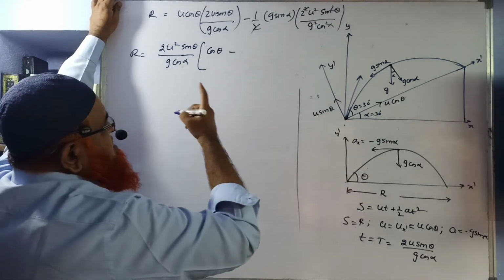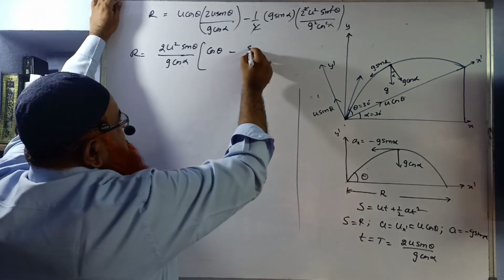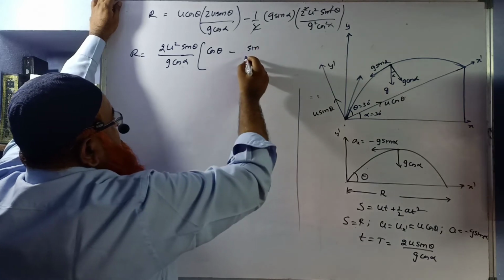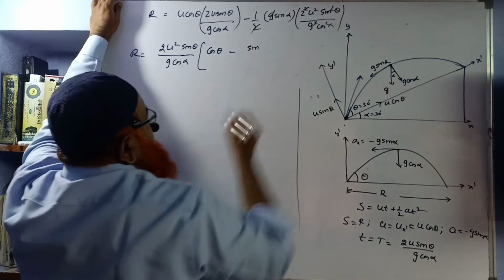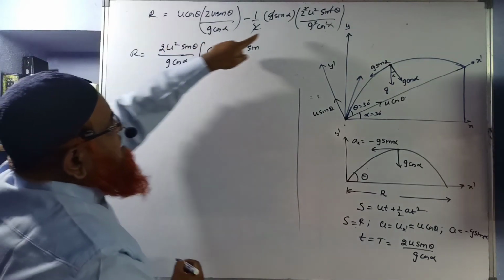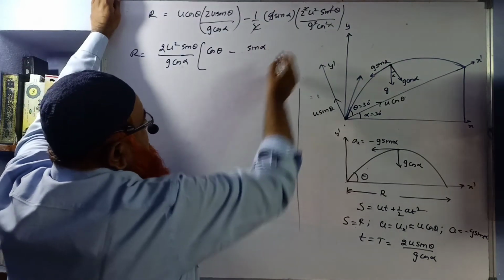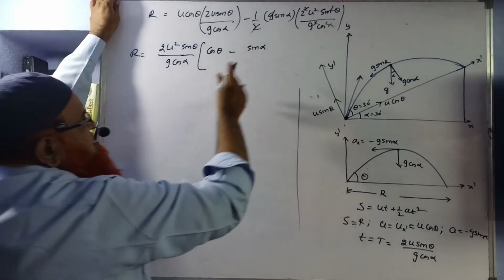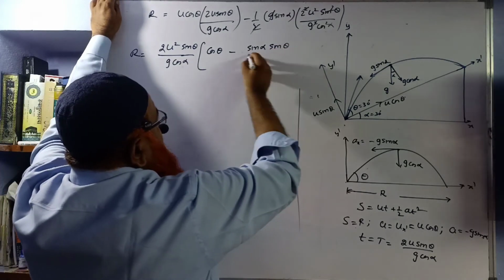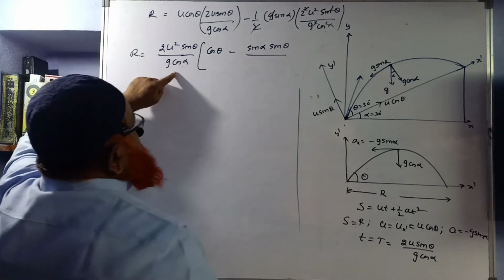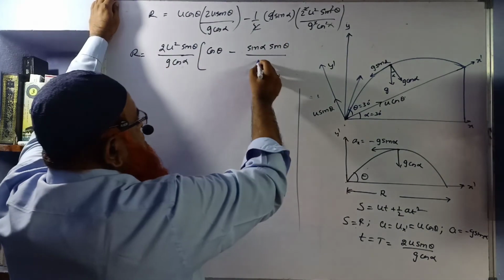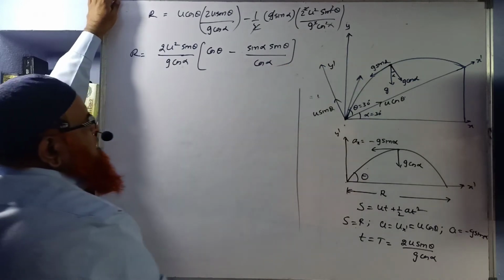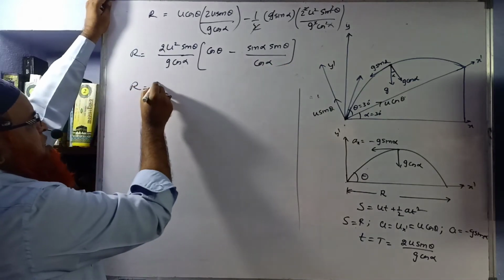Minus, if you common out sin theta, what is left here? Here g square gets cancelled. So what is left here? Sin alpha is left here, and what is left on the right side is sin theta. In the denominator, if one cos alpha is removed, then only one cos alpha is left here. Okay, so this is going to be the range now.